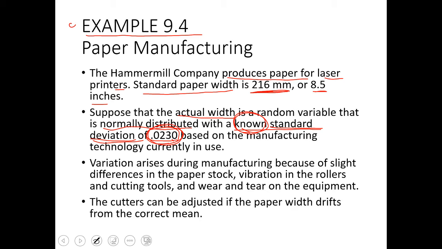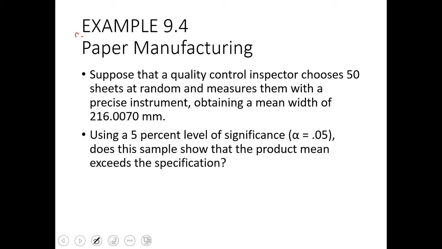Okay. So we are collecting sample papers from this producing machine, and we choose 50 sheets at random and measure them with a precise instrument, and the mean width for these 50 individual papers is 216.0070.